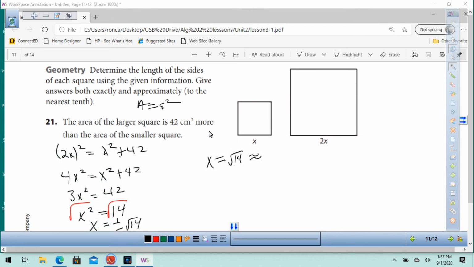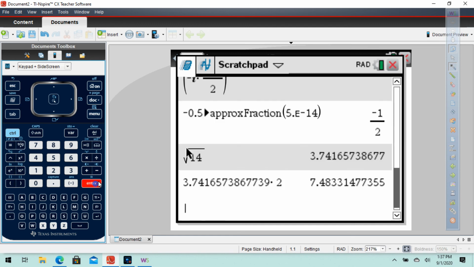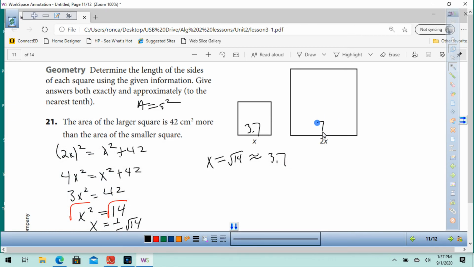We're just going to the 10th. Is approximately 3.7. So this is 3.7, and let's see, multiply it times 2, and we get 7.5. So this is 7.5.